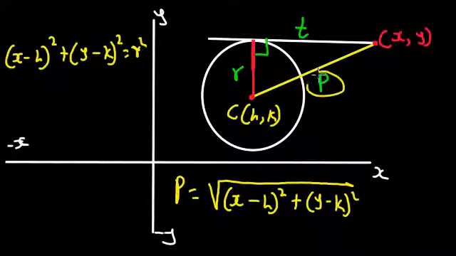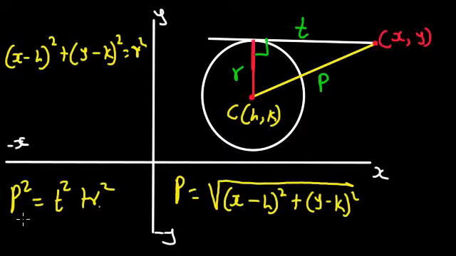So that will be the value of p using the distance formula. Once we have p, we can definitely have t using Pythagoras theorem. We know that p squared would be equal to t squared plus r squared. So definitely t squared, the square of the length of the tangent line from that external point x, y, will be equal to p squared minus r squared.